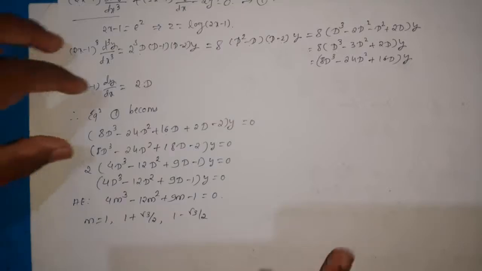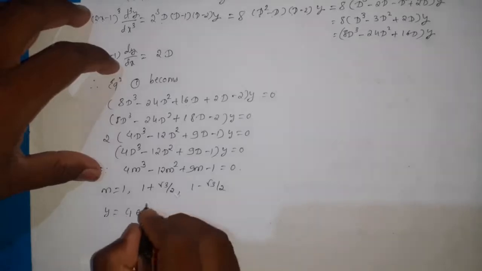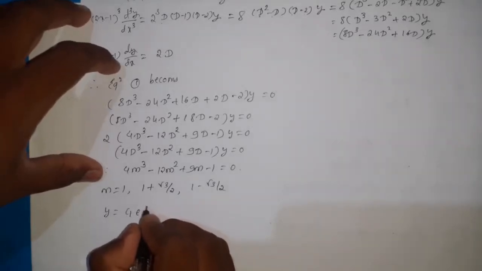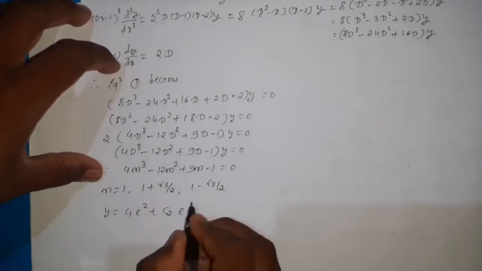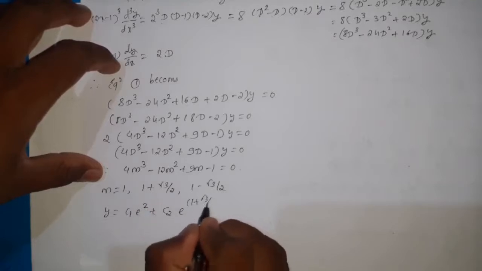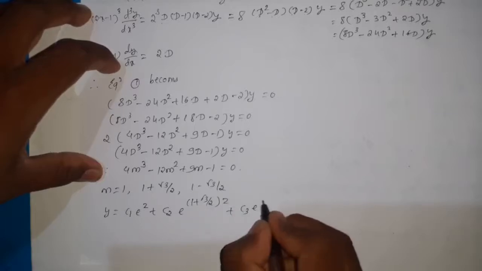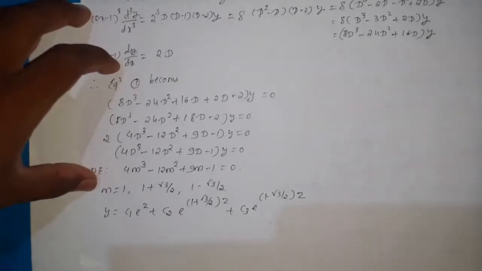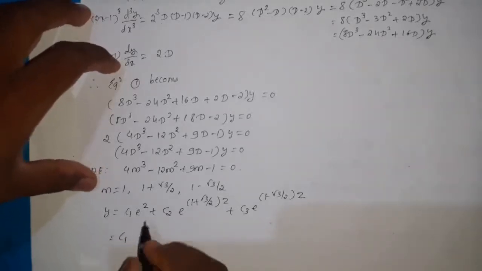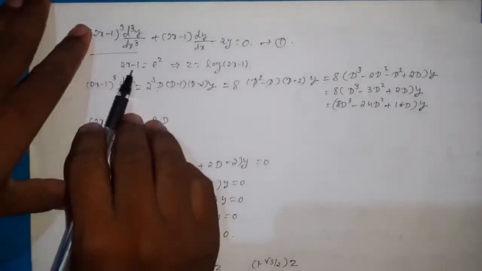So therefore the solution y is equal to c1 e power z plus c2 e power (1 plus root 3) by 2 z plus c3 e power (1 minus root 3) by 2 z, and then e power z equal to what? Here 2x minus 1.